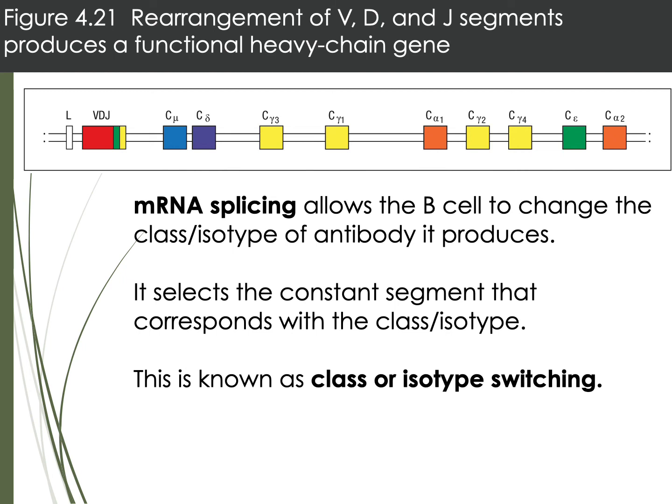Again, we'll talk a little bit more about that in this audio lecture, but also later on with B cell development. It can splice in the constant region that it needs to produce. This process is known as class or isotype switching. So it's able to change where the splicing happens, so a different constant region can be expressed.